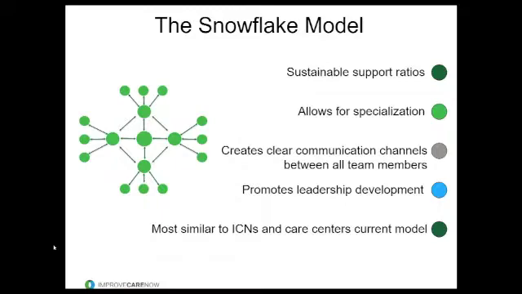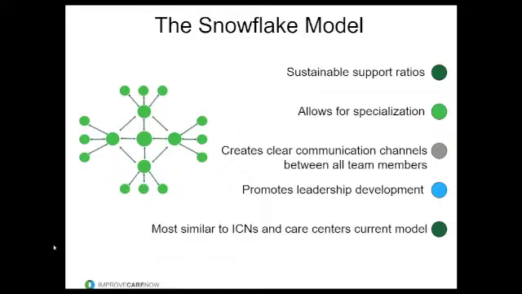So the Snowflake model is useful because it's got sustainable support ratios. As we can see, there's a big dot in the center with dots around it, and then it's just very equally balanced, so no one's handling all the work or no one's not doing anything. And because of that good support ratio, it allows for specialization.